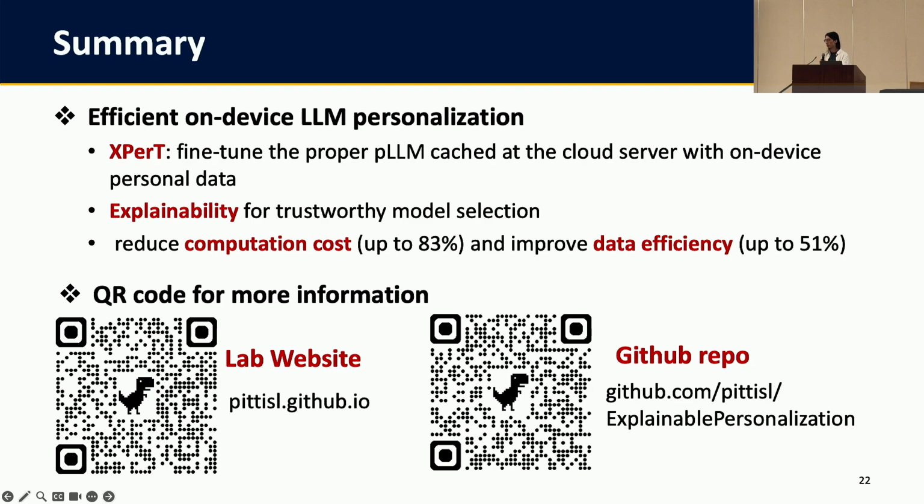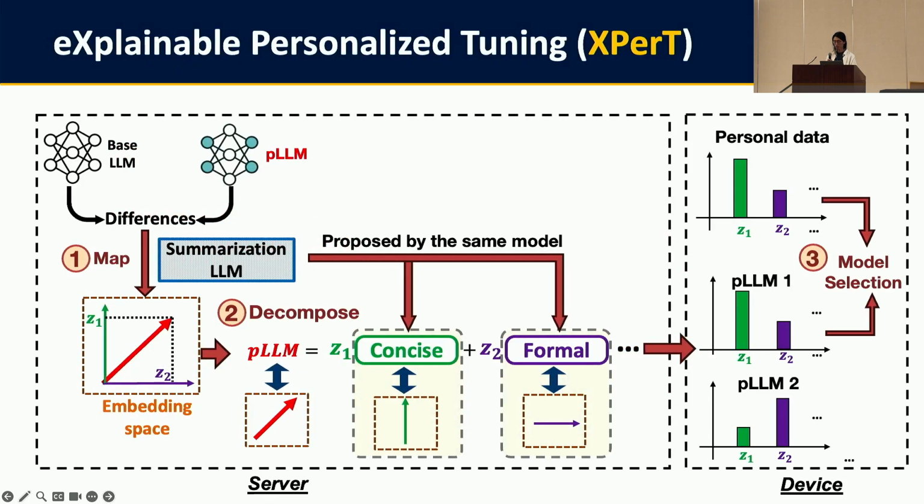Okay, I see. Another question is, when the personalized data on the device is less similar to the existing PLMs, you choose to merge two PLMs. Why not consider adding one more new PLM on the server side? Why choose to merge?